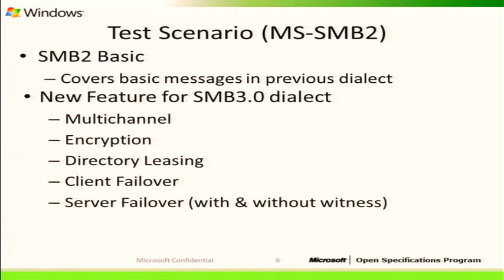And then we have a number of new test cases to test the new features of SMB3 dialects, such as multiple channel, encryption, directory leasing, client failover, and server failover. For the server failover, we also integrated the witness service, which was introduced in the SWN protocol.